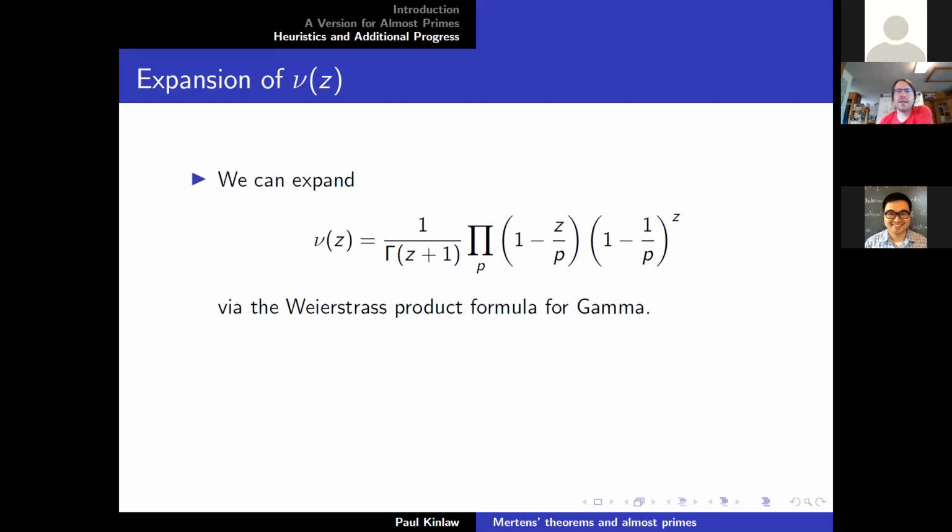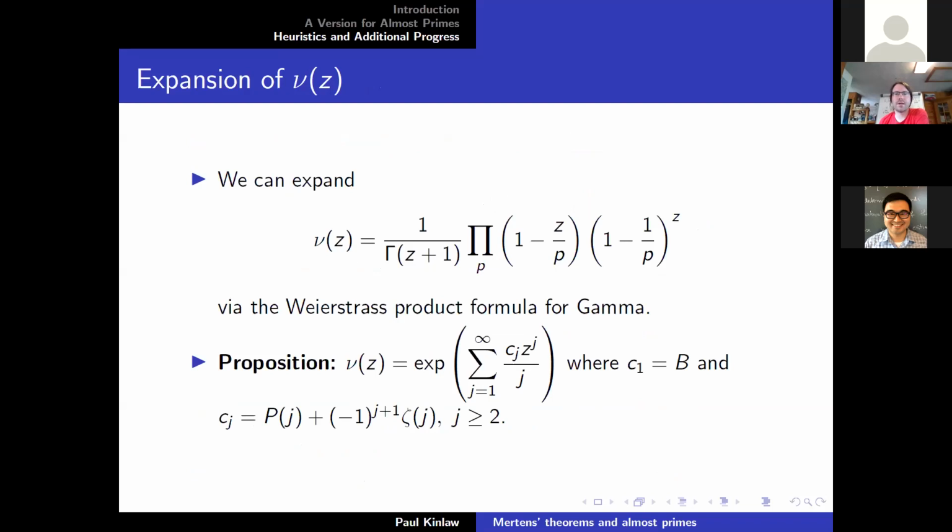So here's nu again. And if we expand it using the Weierstrass product formula for gamma, we actually get the exponential of a Taylor series. And here the c_1 is Mertens' constant, and then the rest of the c_j's and the coefficients here involve the prime zeta and the zeta function at j.